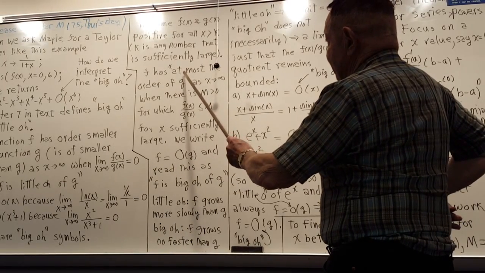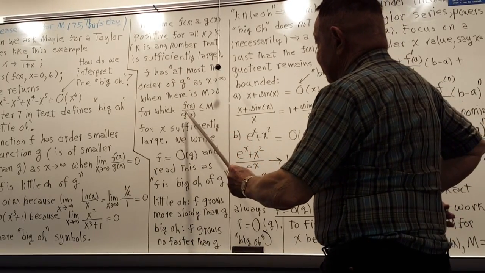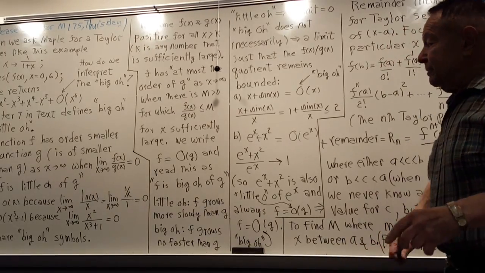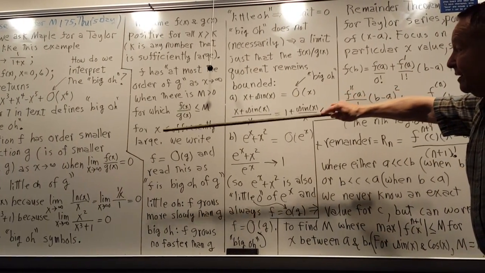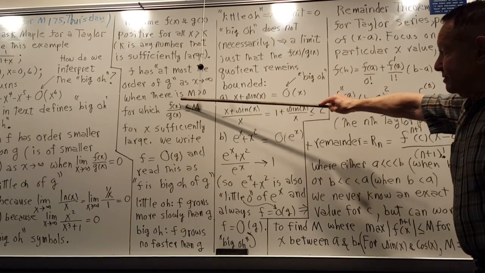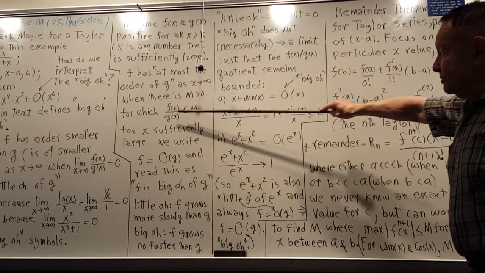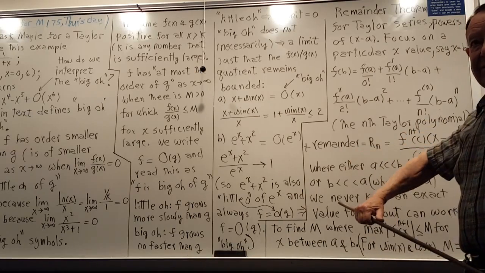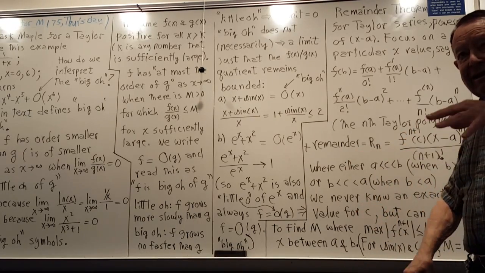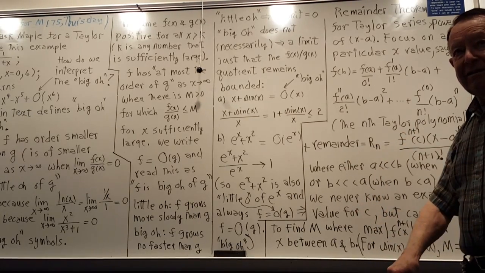When you say at most g, that does not require the limit to be 0, but simply that you can show that the quotient will stay bounded by some positive number, but it wouldn't necessarily have to settle down to be a limit.